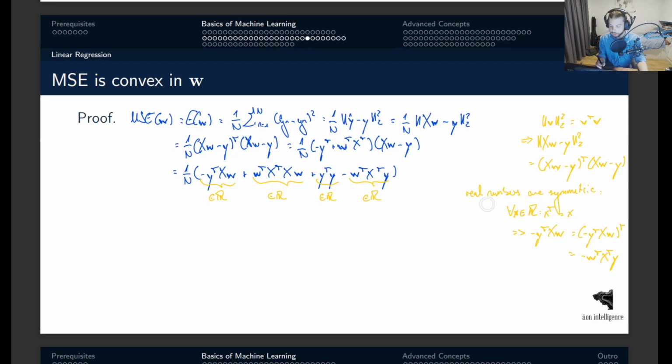And observe that real numbers or scalars are symmetric, which means that if we take the transpose of any x, which is a real number, we have that x transpose is equal to x. And since all of these are scalars, the transpose of any of these is equal to the expression itself. This is particularly useful for this bit here, because we can now see that this thing on the left is equal to that thing on the right.